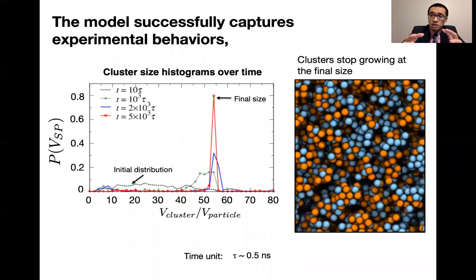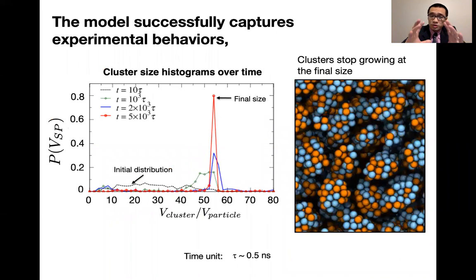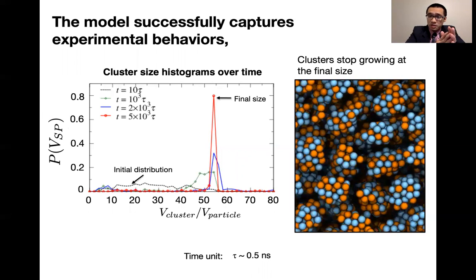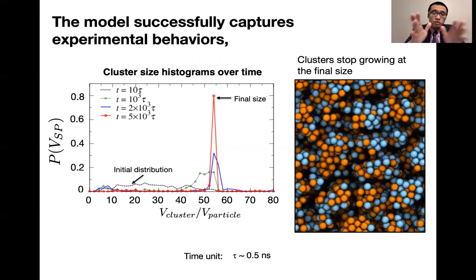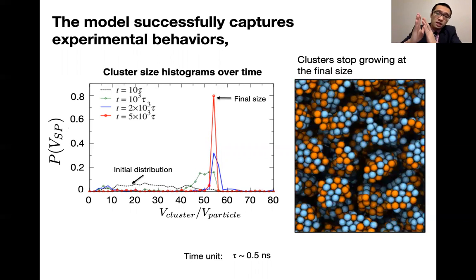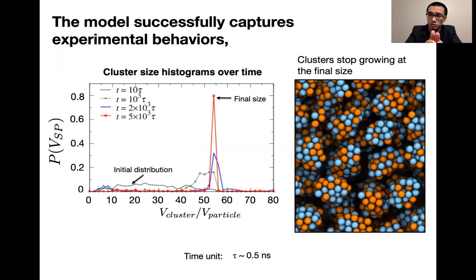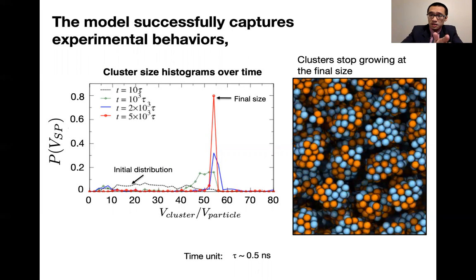With that model, I have been able to capture the dynamics of the assembly process, going from initial distributions into a final size with the final peak at the rate curve shown here. In this case, we also capture the fact that those clusters do not coalesce, even when they are very highly concentrated, as observed in experiment.